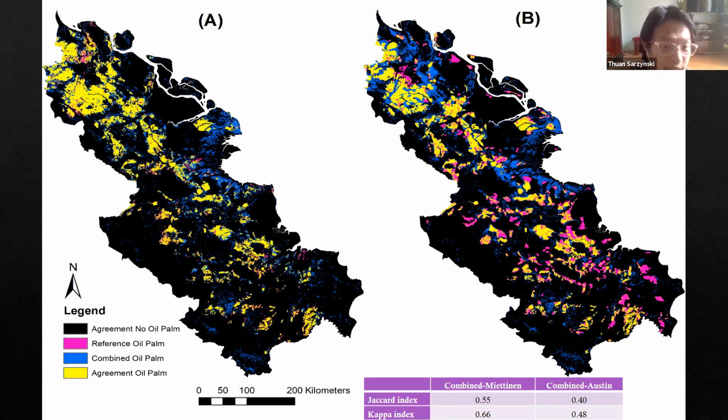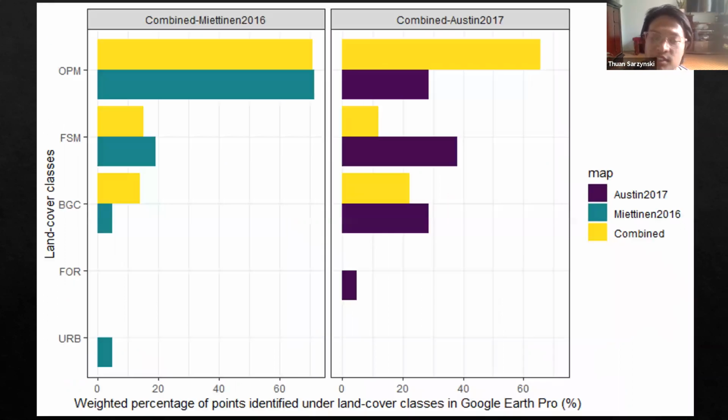And then in the next slide, we wanted to see in more detail who was right for oil palm, which map was really detecting oil palm where there was oil palm, and which one was missing oil palm where there was oil palm on the ground. So from the comparison map that we saw on the previous slide, we randomly selected 100 points somewhere on this map, randomly selected through GIS.